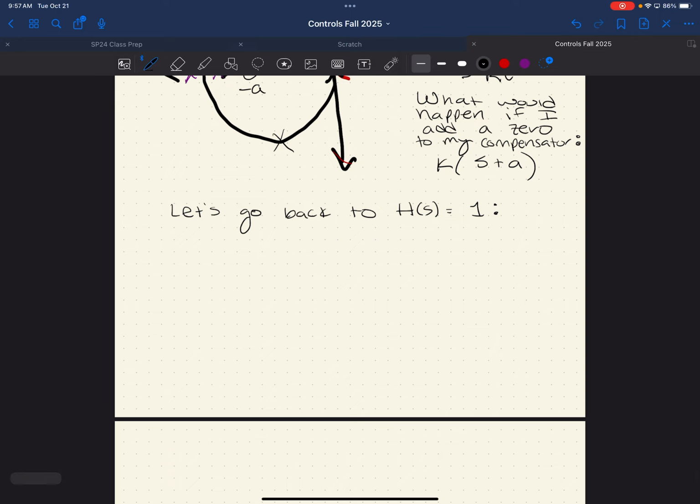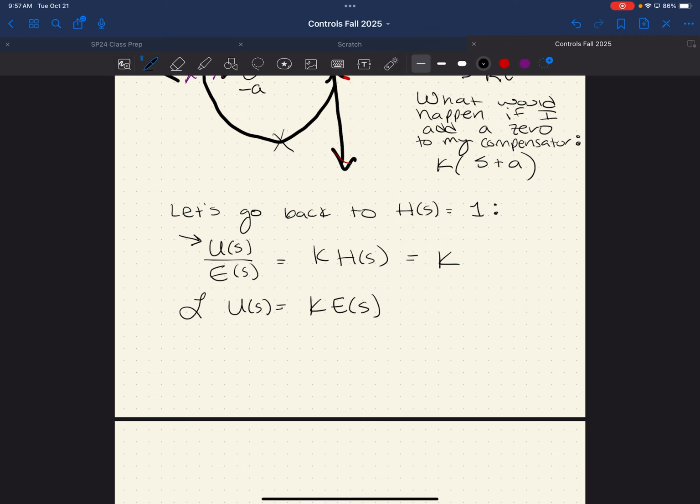Okay, so let's go back to H of s equals 1. If I have U of s over E of s equals K H of s, and H of s is equal to 1, I just have K. Let's inverse Laplace transform this, to try to figure out what our control signal is in the time domain. So I want to know what is our control signal U in the time domain. So I need to multiply by E of s. So I'll have U of s equals K E of s.